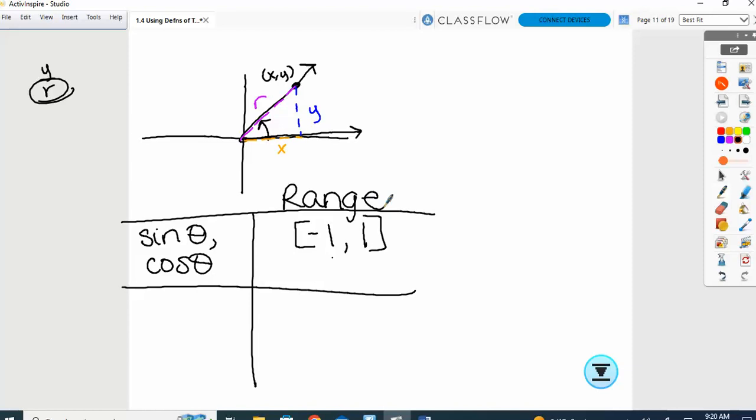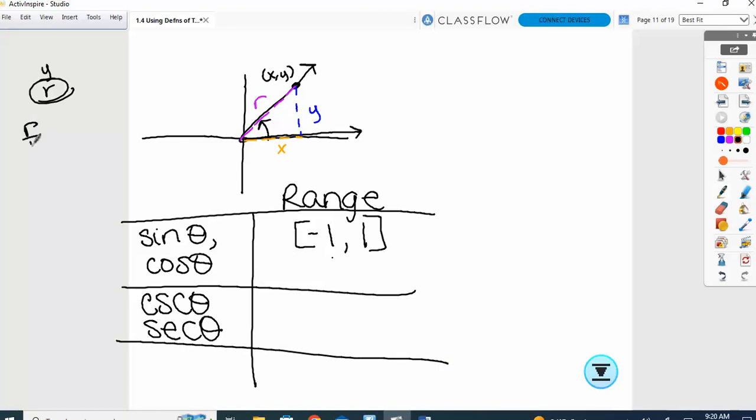All right, let's talk about cosecant and secant. They are the reciprocals of sine and cosine. So when you do those, your r is now on top. So what kind of answers do you get if the bigger number is on top? Greater than 1.